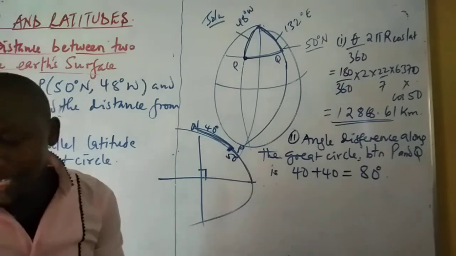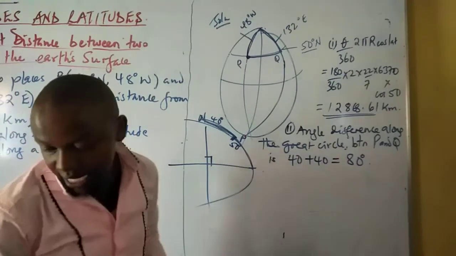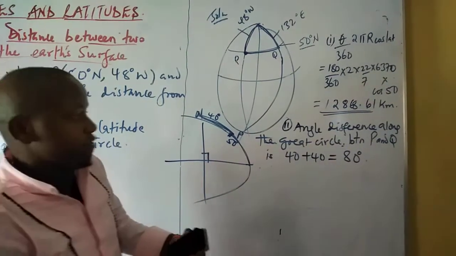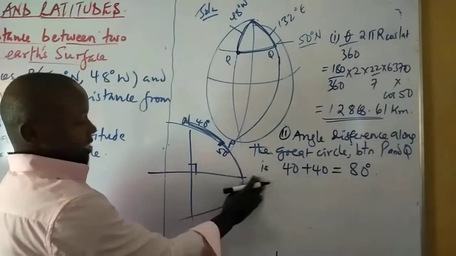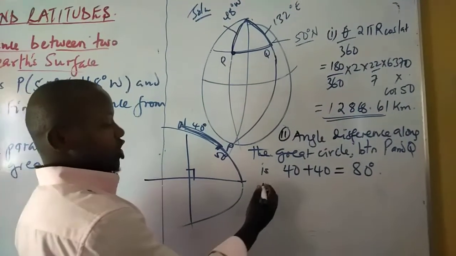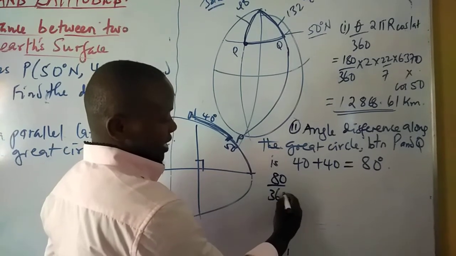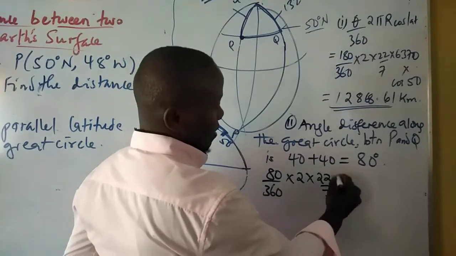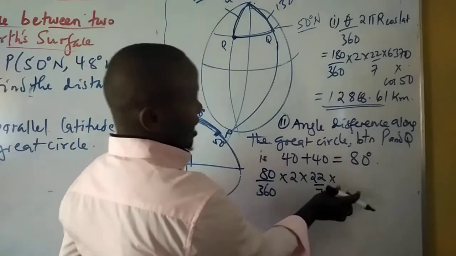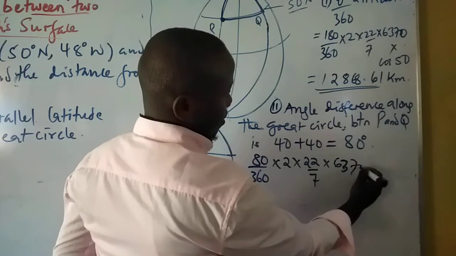Now we calculate the distance, because we know the difference in the angle. The distance is given by the difference in the angle over 360 times 2 times pi times radius, because this is now a great circle, 6370.